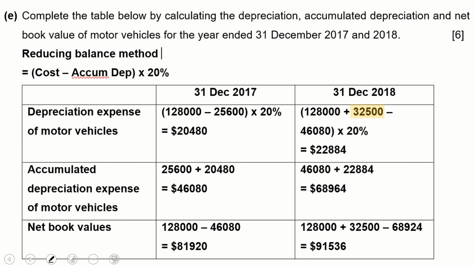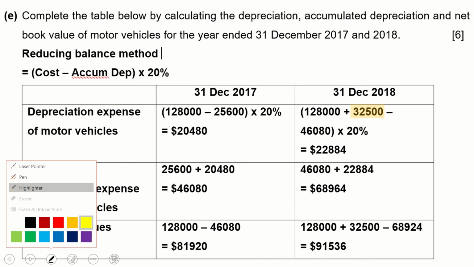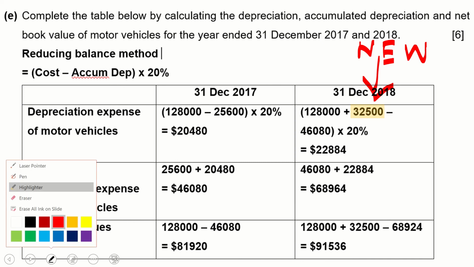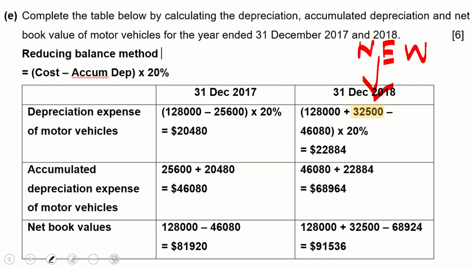Now, in the next financial year, you actually bought a new motor vehicle. So this number highlighted is the new motor vehicle. Now, this new motor vehicle needs to be added to the cost. So you should take the old cost plus the new motor vehicle that is purchased. You need to deduct away the accumulated depreciation.